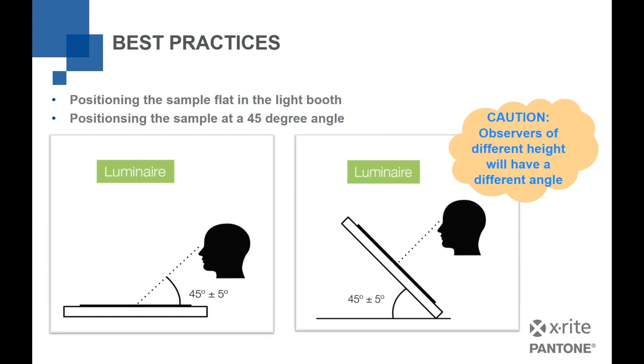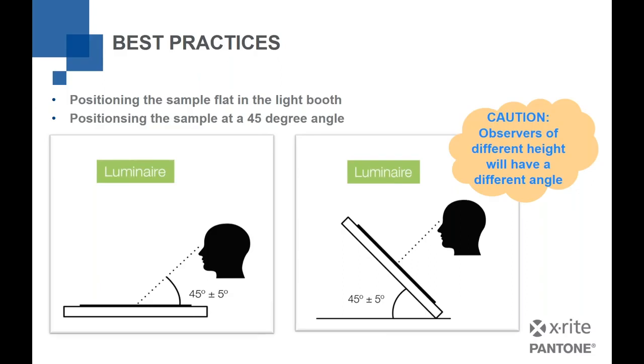If you use the second one, the one on the right, you got to be careful because observers with different heights will end up with a different angle between the sample and their eye. So if you have someone who's 6'5" and you have someone who's 5'2", both look at that same sample, they're going to be looking at it at different angles, which will change the color, will change things.